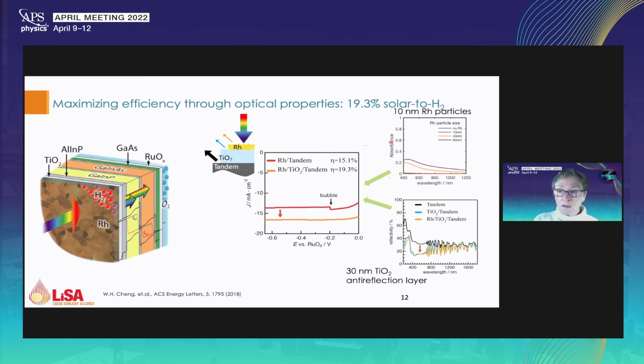And the way that's done is by making the rhodium particles really small, about 10 nanometers. And it was shown that their absorbance drops to a very low value at this size. And also having the TiO2 be at a suitable thickness to act as an anti-reflection coating. So if you get the two together, you can actually gain 4% in efficiency just through management of the optical physics alone.